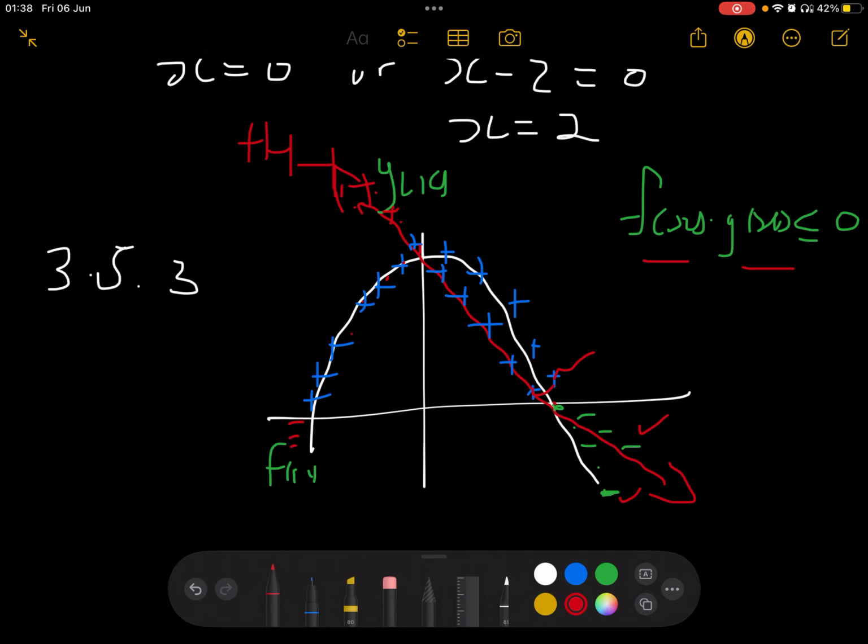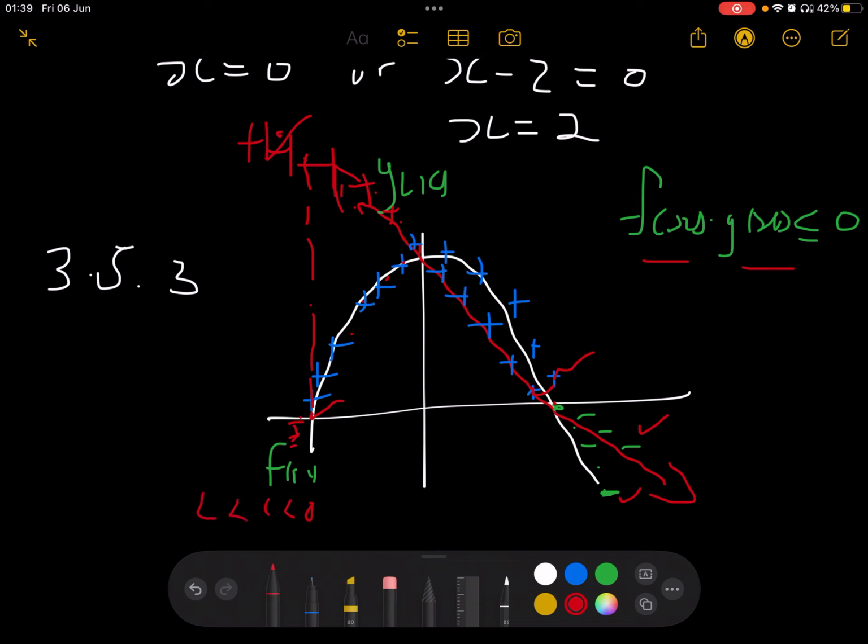But as soon as you multiply this value here and this value here, if you check this point here, if you multiply this y value which is minus 2 and this y value which you will get from the graph of g of x, you're going to get 0. And if you multiply the negative here with the positive value here, you're going to get a value that is less than 0, all the way.